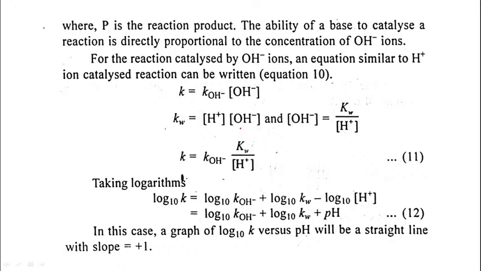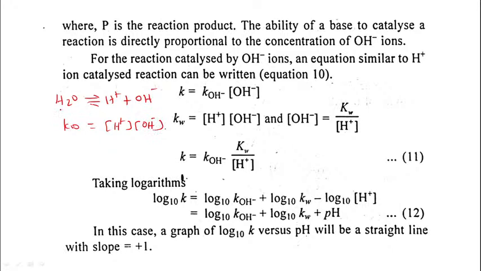Water undergoes a very small dissociation into H plus and OH minus ions. Actually, the dissociation of water is very less. So we can write Kw, the equilibrium constant for water, equal to the concentration of the hydrogen ion into the concentration of the hydroxyl ion.